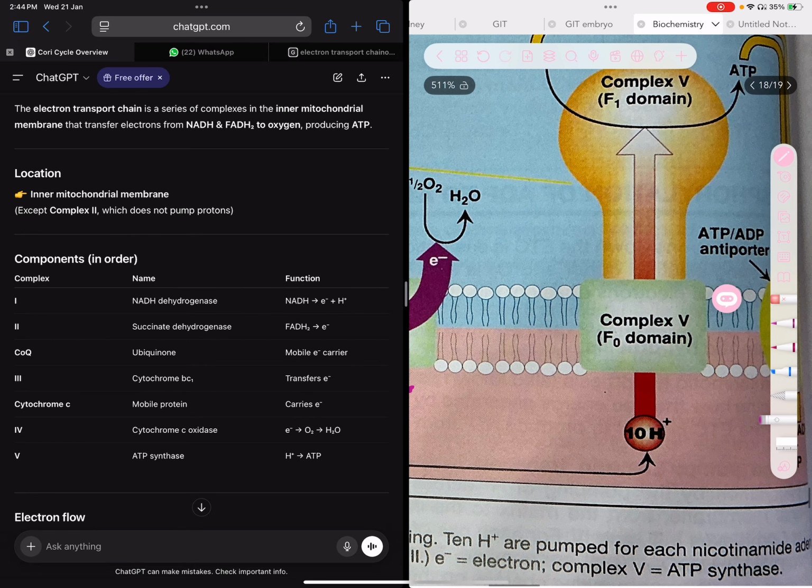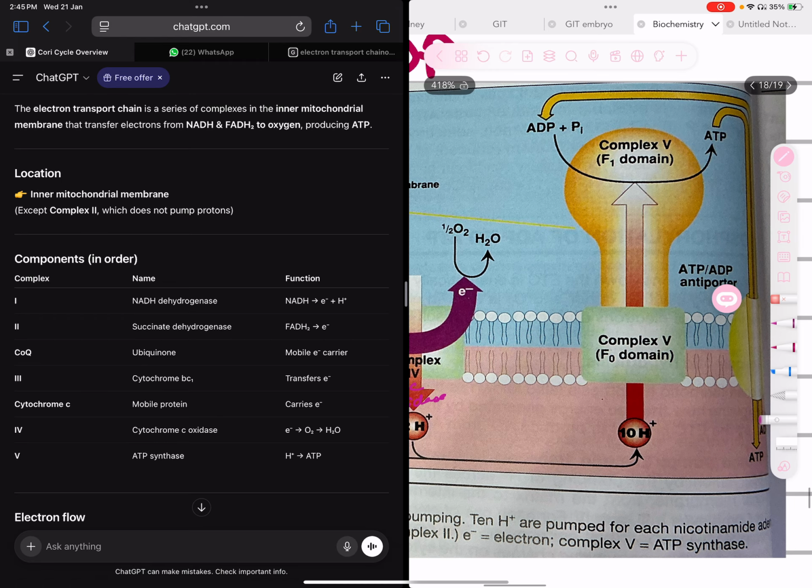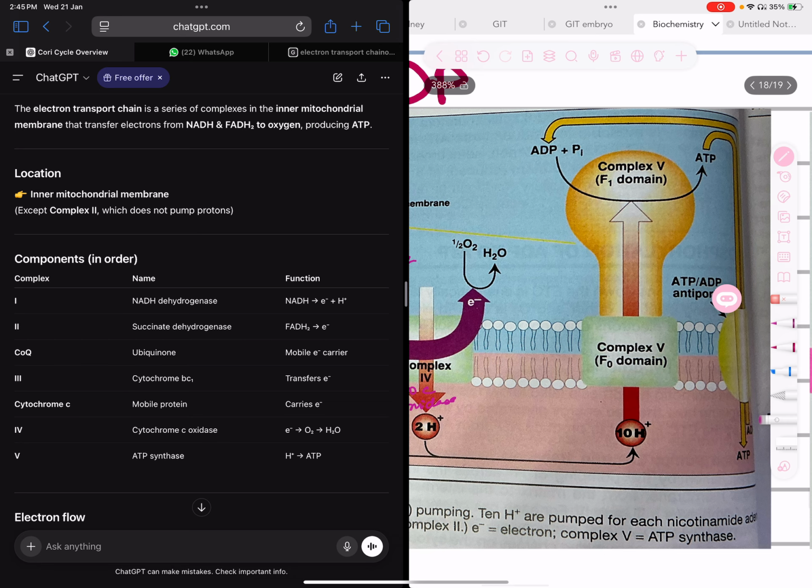Well, ATP synthase has two units, or two parts. One is the FO domain and one is the F1 domain. The FO domain is the one that lies towards the intermembranous space.